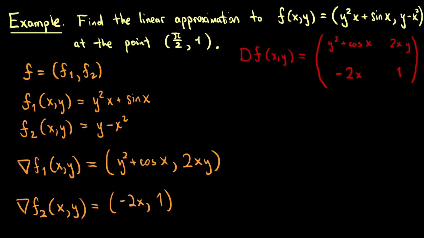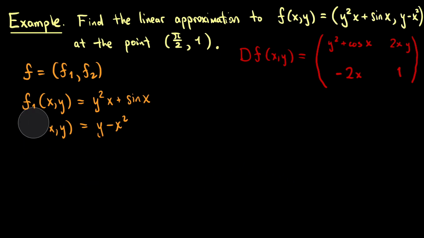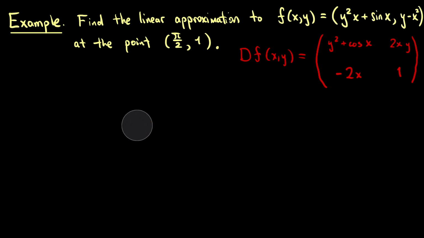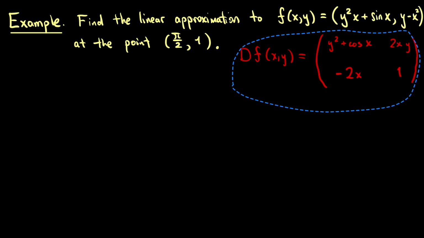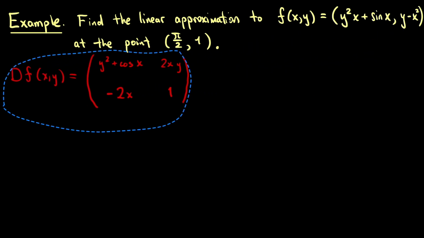I'm going to erase the work I did here to give myself some room on the blackboard, but I'm going to keep this total derivative matrix that I computed. Let's see, what should I do next?